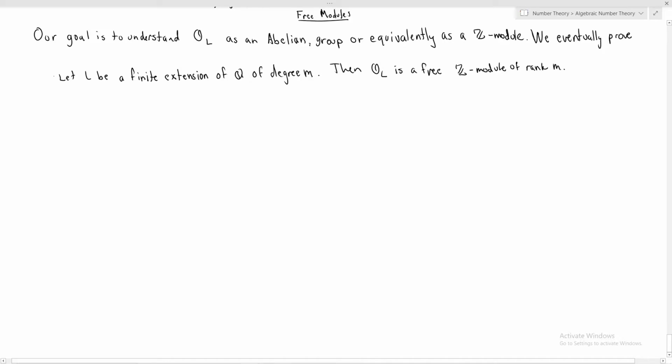Okay, so we won't be able to prove this right off the bat. We're going to have to develop some techniques. To prove this, we need to build up the machinery of traces, norms, and discriminants, which will take probably quite a few lectures.